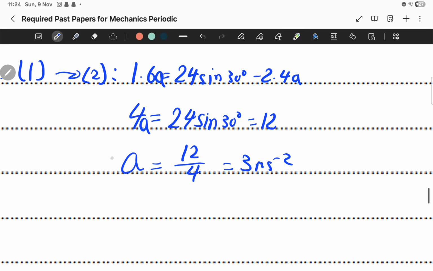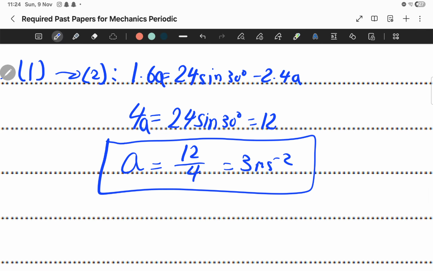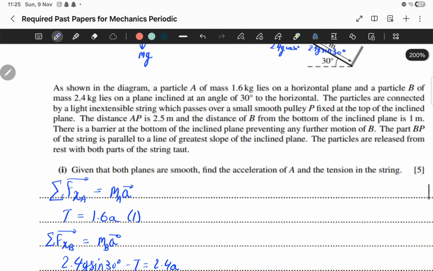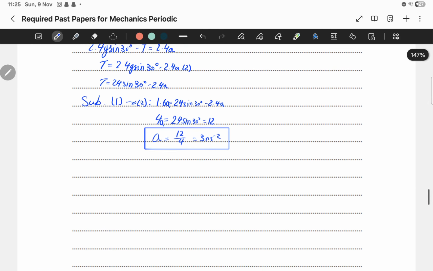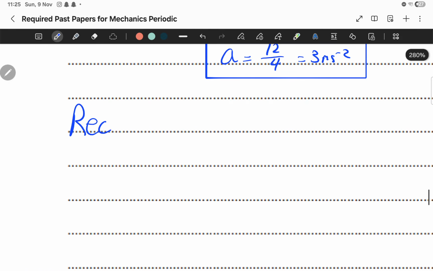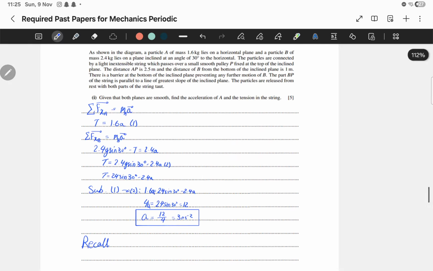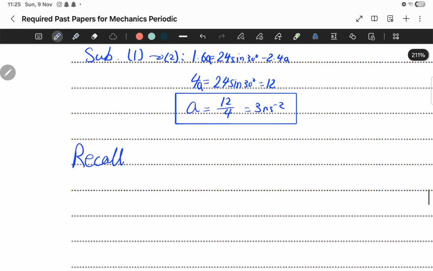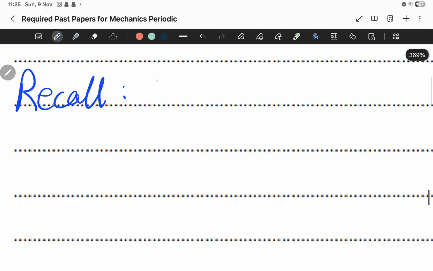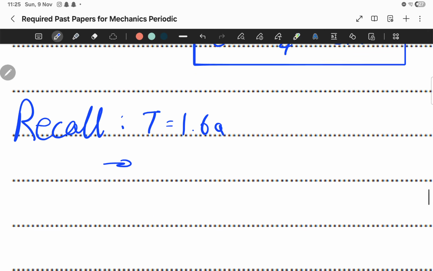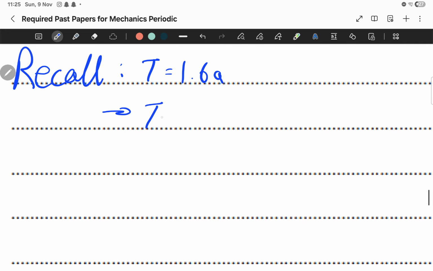They still want us to find the tension here, which is even easier because it's substituting. Now, that's acceleration. Recall, we're going to use the equation of A just to be safer. Tension is equal to 1.6a. So tension is 1.6 times 3, which is 4.8 newtons. Done.